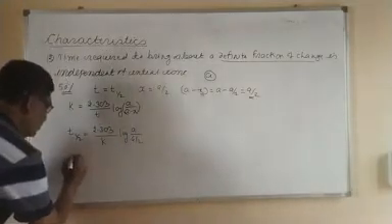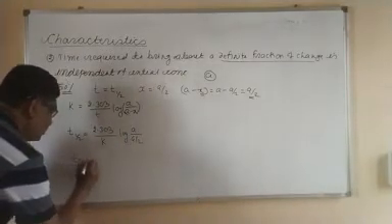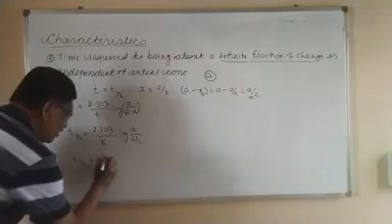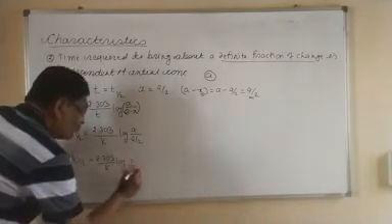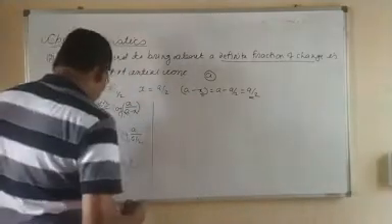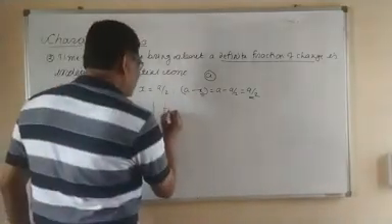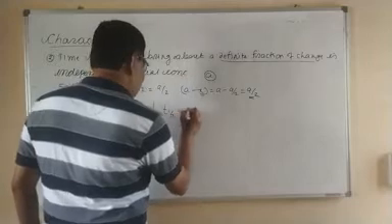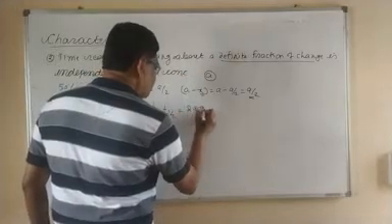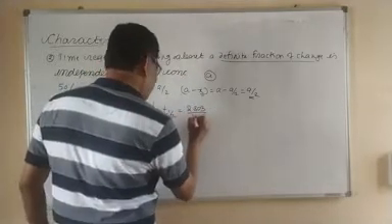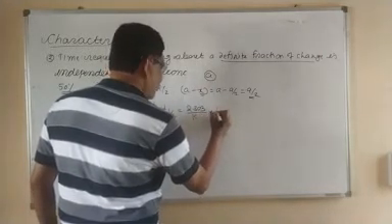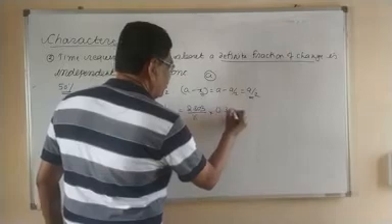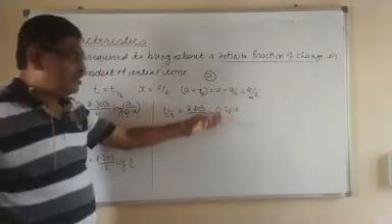Simplify it: t 1/2 is equal to 2.303 over K log 2, and log 2 means 0.3010 from the log table.